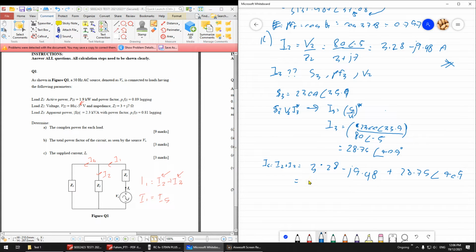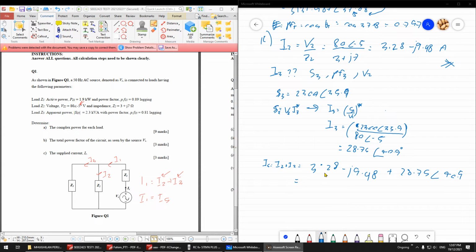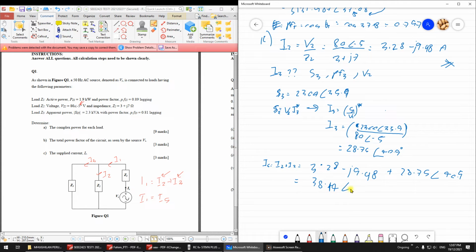So the answer is 38.14 angle negative 49.03 ampere. So you solve question number 1C. This is IS.